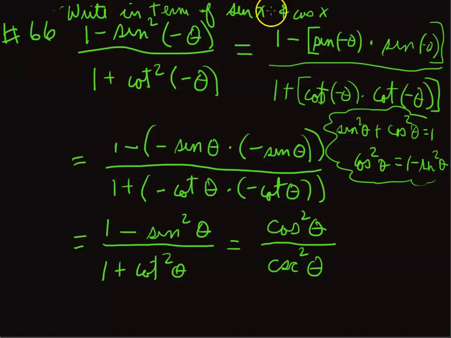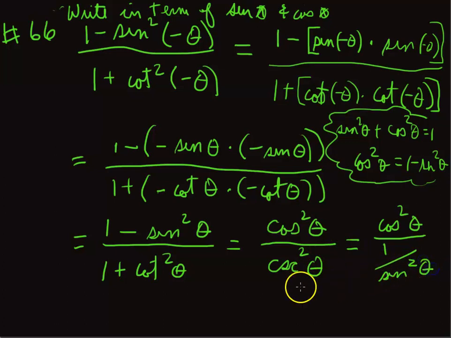But remember, the directions are sine theta and cosine theta. So we got the cosine theta, that's good. How do we get the sine theta here? Well, let's see. Remember that the cosecant is 1 over the sine, and so cosecant squared is 1 over sine squared.